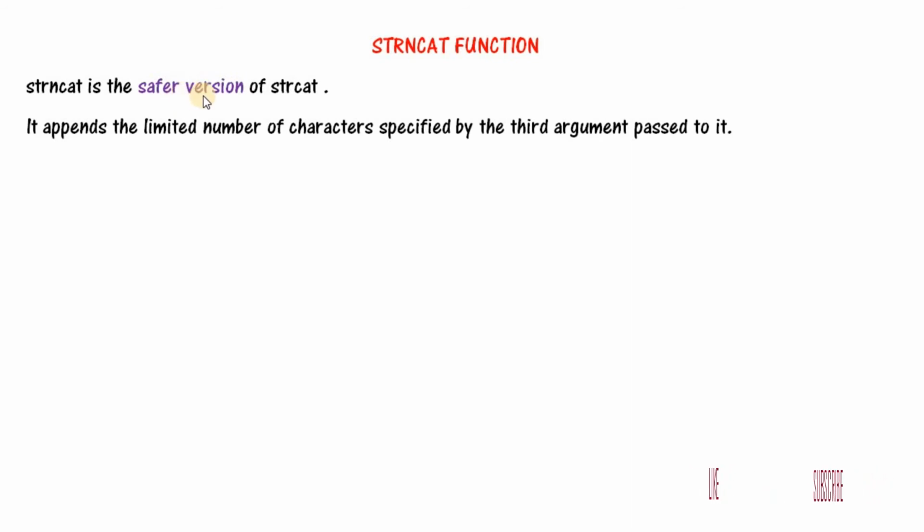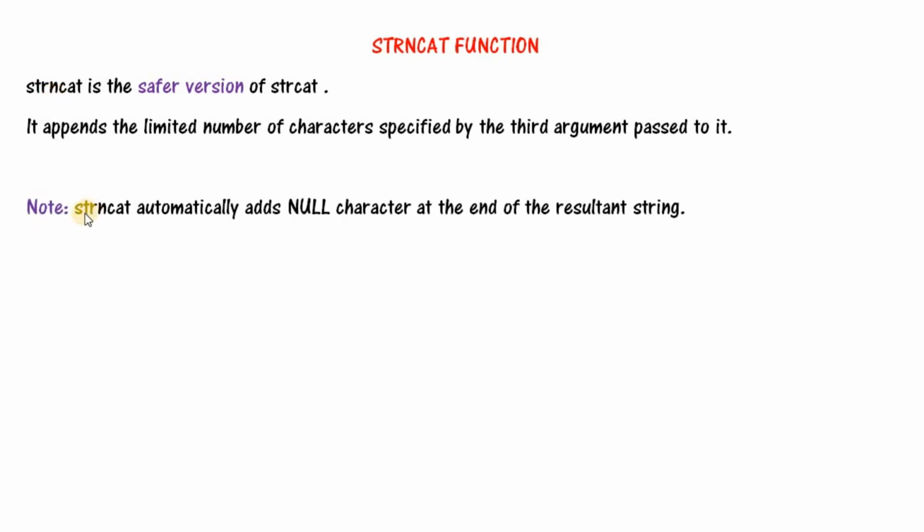Obviously, there is a safer version of strcat called strncat. It appends a limited number of characters, specified by the third argument passed to it. Here, instead of appending all the characters of the second string, we are appending only a limited number of characters, specified by the third argument passed to this strncat function.